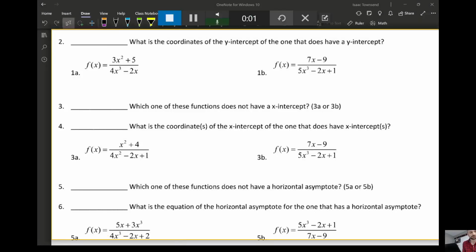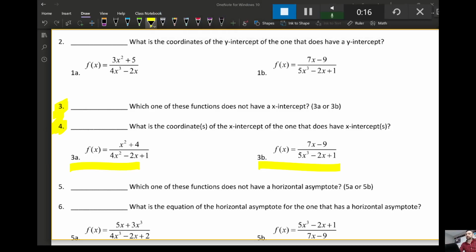So, questions 3 and 4 are about x-intercepts. One of these has an x-intercept and one of them does not. Of course, the one that does have an x-intercept we should be able to find. x-intercepts are going to be numbers that make the numerator 0, but not the denominator. Over here, if I try to figure out where the numerator equals 0, kind of like I was talking about on your quiz, sometimes you guys try to solve this in your head too quickly and you're saying 2 and negative 2.